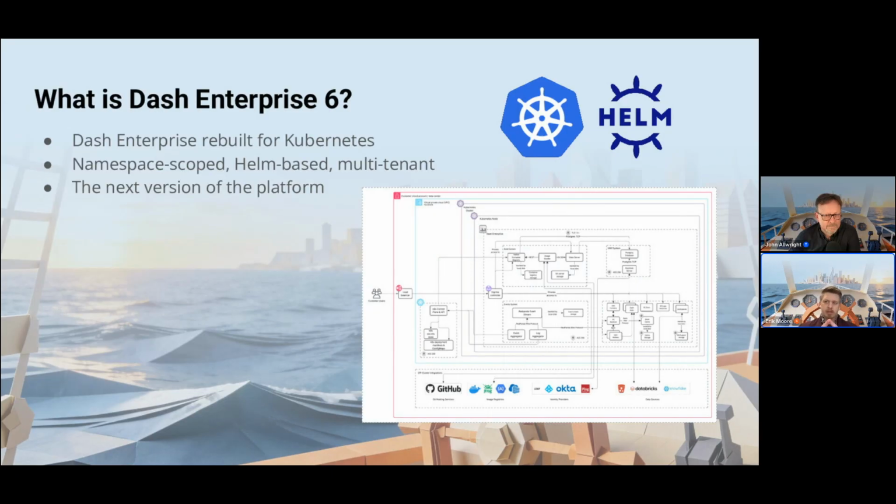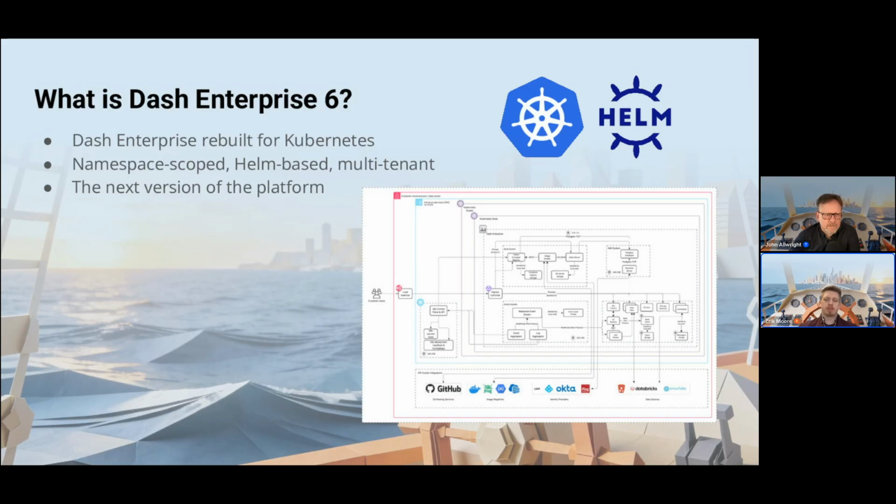So as Mingo just shared in his demo, it is a platform for building, deploying, operating Dash applications. Dash Enterprise 6 is a complete re-architecture of the previous product, Dash Enterprise 5, that is really focused on being Kubernetes native. It is really simplified. Dash Enterprise 5, in most cases, required a virtual machine.